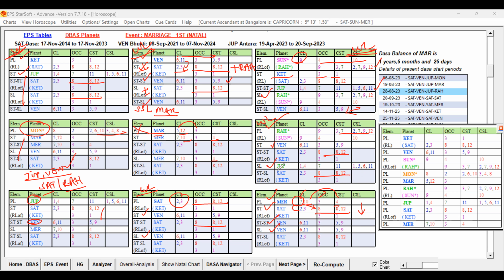Why do we have to keep it in the waiting list? This planet is the 7th cuspal sublord. In the star of a planet, it is the 6th lord, and this connection is good only. But the 7th sublord in the star of a planet, the 6th lord, is favorable only. You can see when I was talking about Venus as the source planet, 6 is not very strong because that is the source, and that 6 is being further reduced by the other houses.